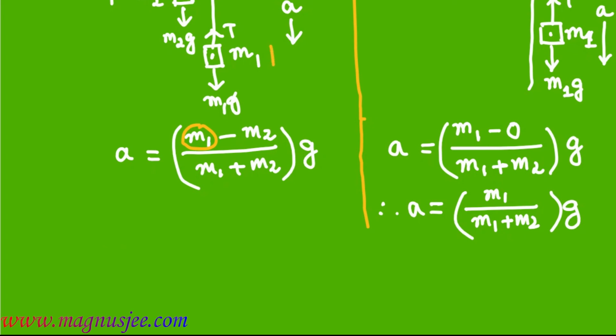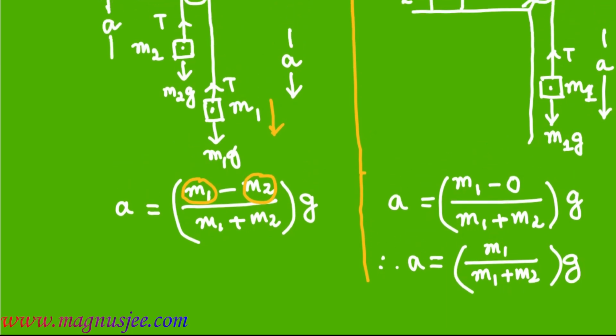M1 is the mass of the body which is moving downwards in the diagram on the left hand side, and M2 is the mass of the body which is moving upwards in the diagram on the left hand side. M2 is moving upwards with the same acceleration a, but on the right hand side M1 is the mass of the body which is moving downwards, and here minus 0. Minus 0 means no mass or no body is moving upwards.